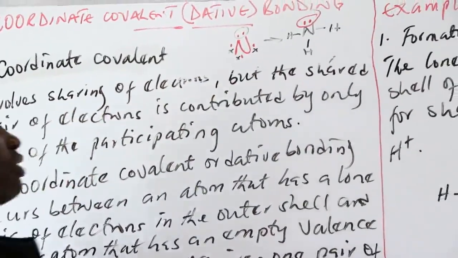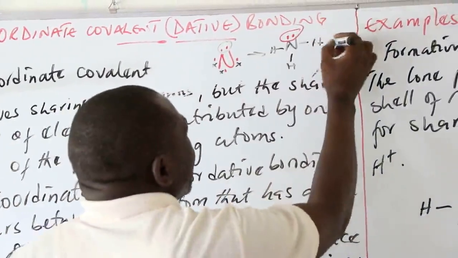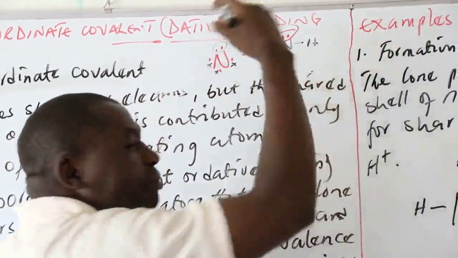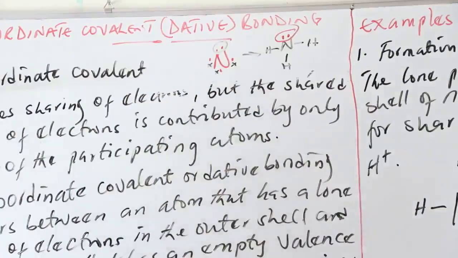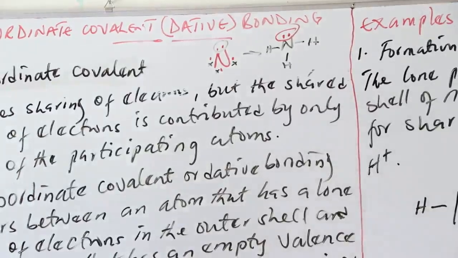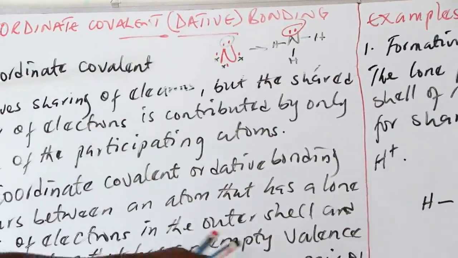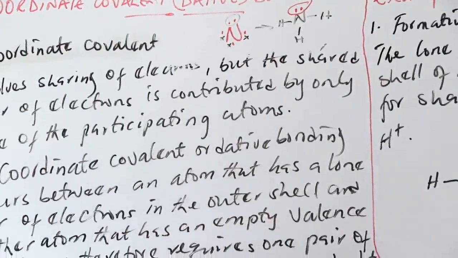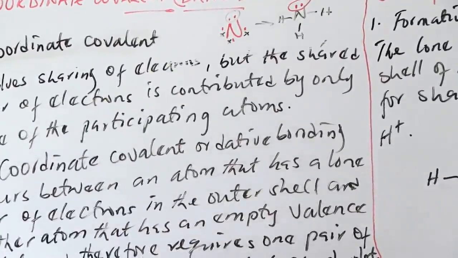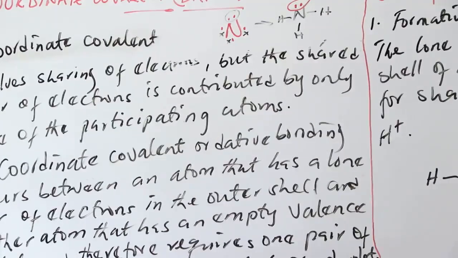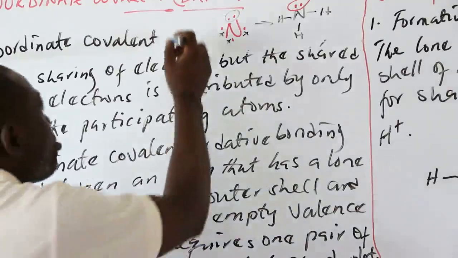Then the other participant will have an empty valence orbital, and therefore needs a pair of electrons to complete it. Like hydrogen.